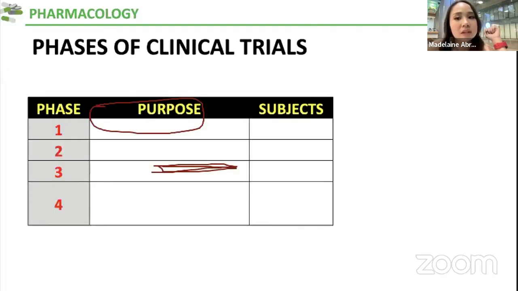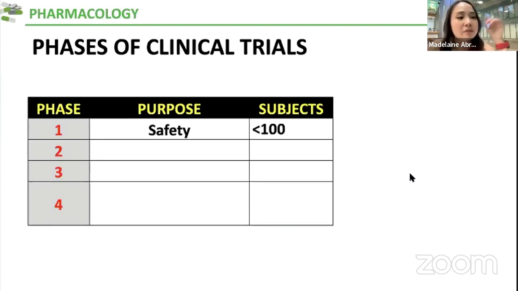So, phases of clinical trials, di ba the figure is complicated, it says a lot. But in general, in phase 1, the first thing you want to know about the drug is, is it okay? Is it safe? So, safety, less than 100 subjects. Phase 2, is it effective? Because you already know it's safe. So, next is to know that it's effective. That's in more than 100 or less than 1,000.